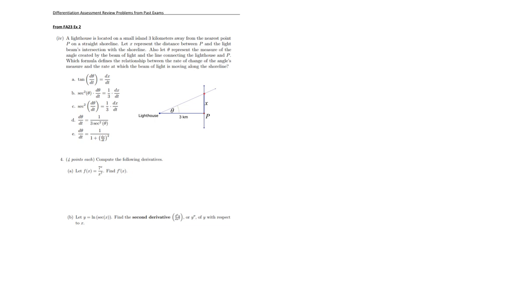Which formula defines the relationship between the rate of change of the angle's measure and the rate of change at which the beam of light is moving? So I want to find a relationship between d theta/dt and dx/dt.